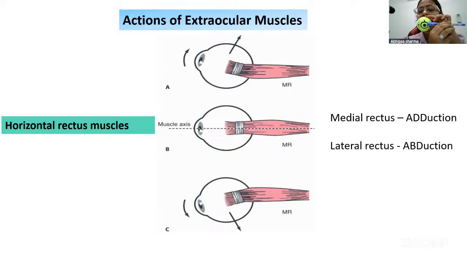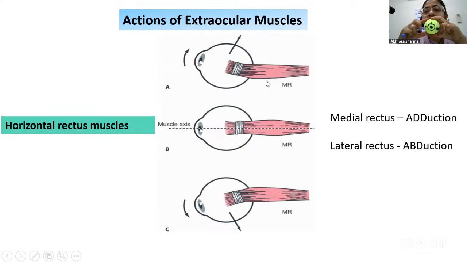So when the medial rectus is contracting, it will contract towards its origin, and it will pull the eye inwards. So it will cause an adduction. Similarly, the lateral rectus muscle, whenever it contracts, it will move the eye outside, and it will cause an abduction. But there are also other secondary movements which might or might not be possible.